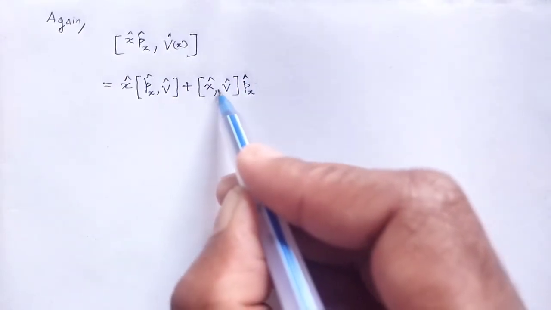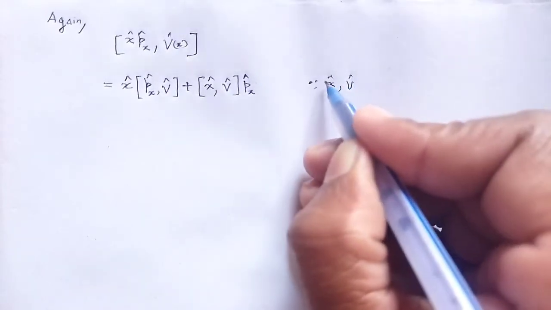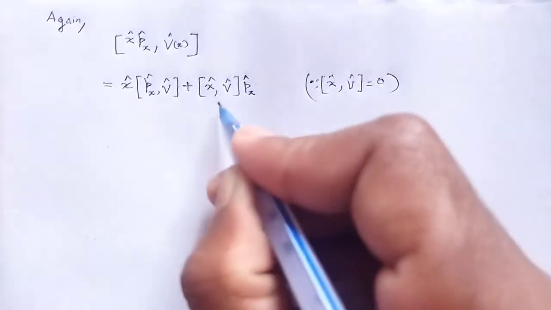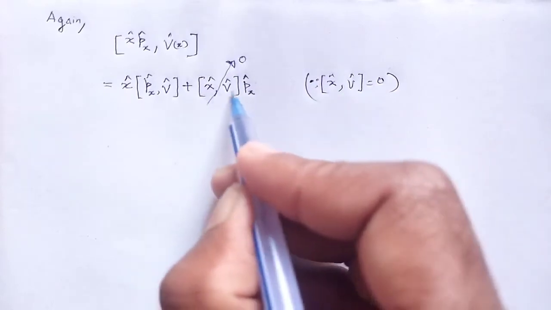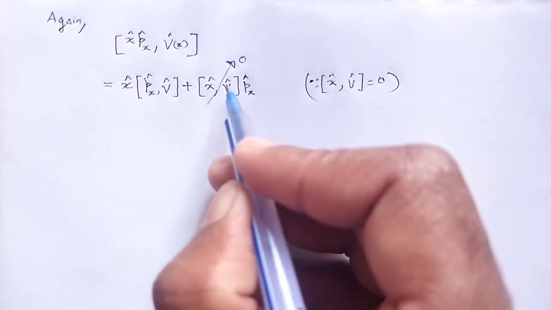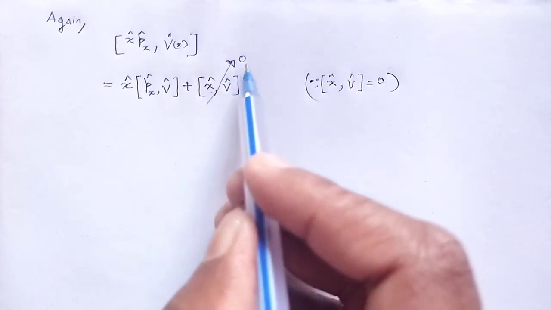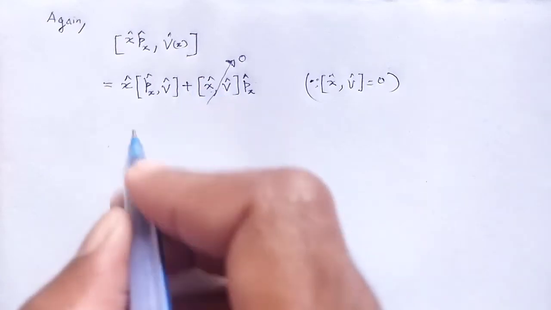The commutation relation of x cap and V cap will be 0, because that is the potential term, and the commutation relation between position and potential will be 0.